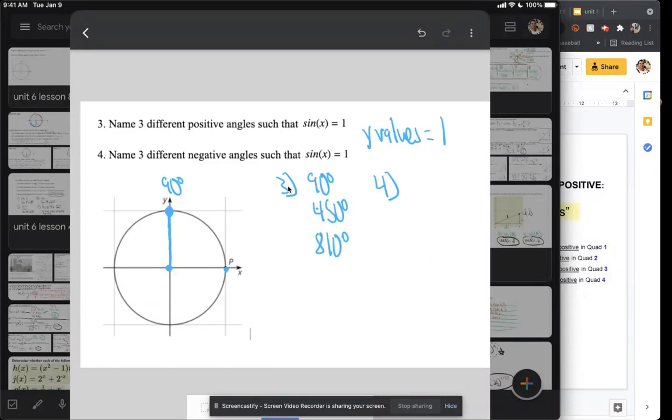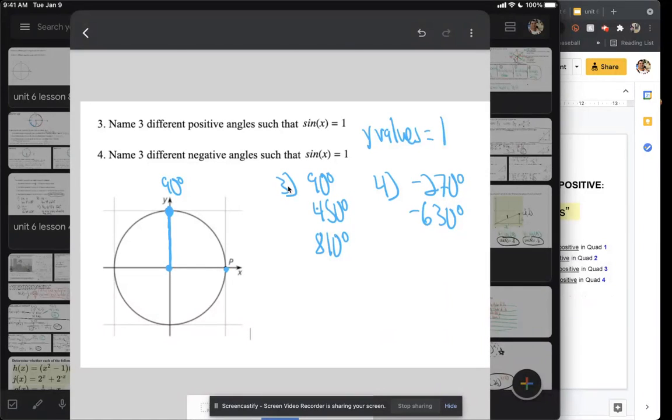Name 3 different negative angles such that sine of x equals 1. So now I can take 90 and subtract 360. That would be the same as going in the clockwise direction. So 90 minus 360 would be negative 270. If I wanted to do an extra full rotation, I could subtract 360 again and get negative 630 degrees.